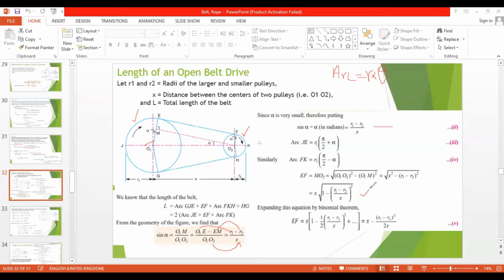Taking X outside, the bracket is 1 minus 1 by 2 into R1 minus R2 by X whole squared, plus 1 by 4 into R1 minus R2 by X to the power 4, and so on. We take only the larger value, since the other terms are going to be small because the power increases. So EF is X minus R1 minus R2 whole squared upon 2X. We will have this as an equation.